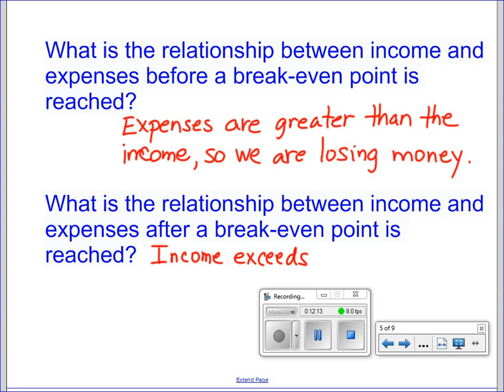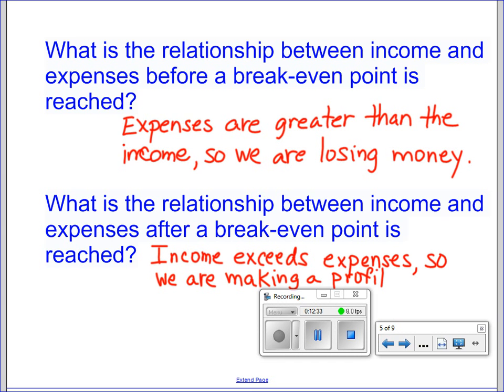Income exceeds expenses, so we are making a profit.